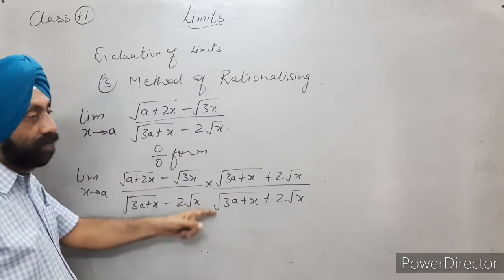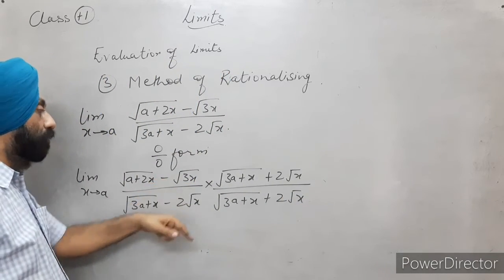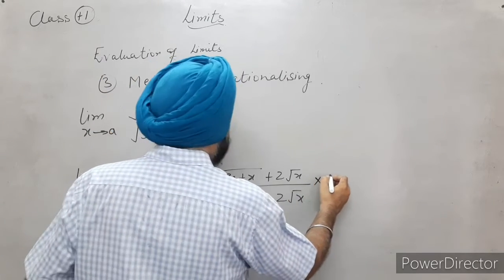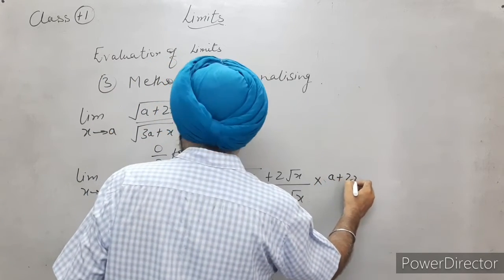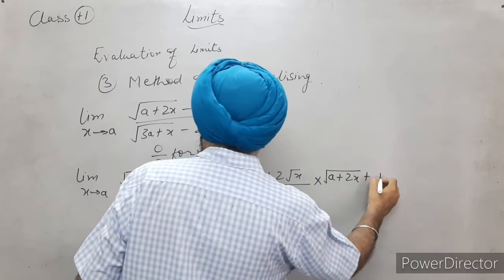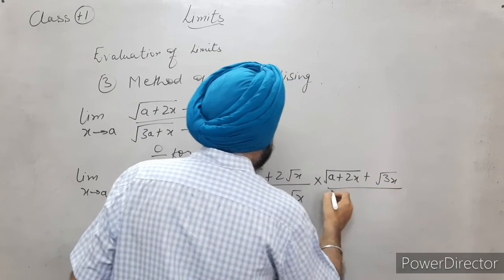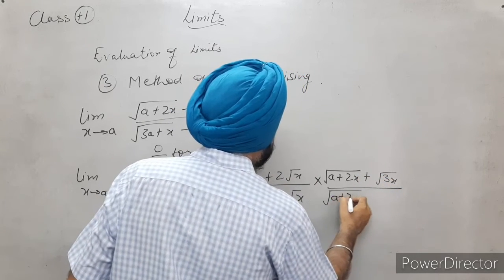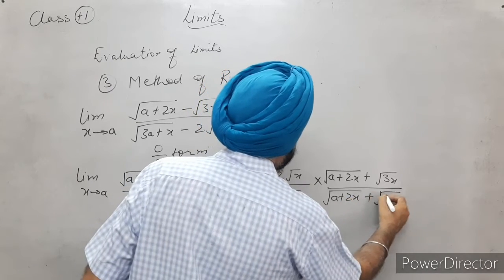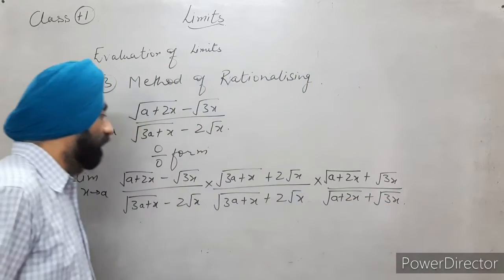I have rationalized the denominator. Let me rationalize the numerator as well, multiplying by under root a plus 2x plus under root 3x divided by under root a plus 2x plus under root 3x.